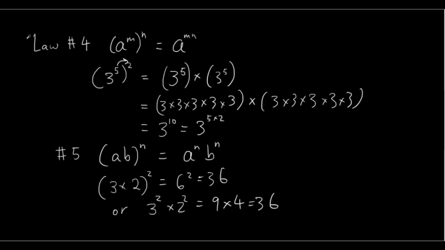So we have, what number was that? Rule number 5. Let's do rule number 6. Rule number 6. A over B to the power of m is a to the power of m over b to the power of m.